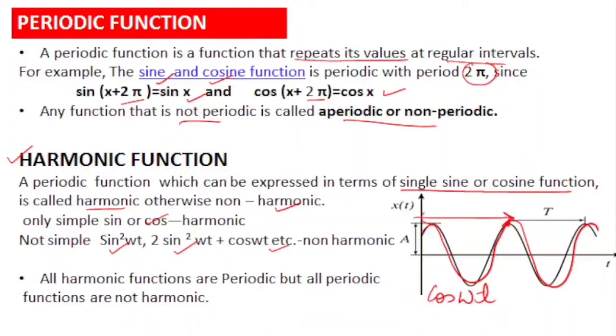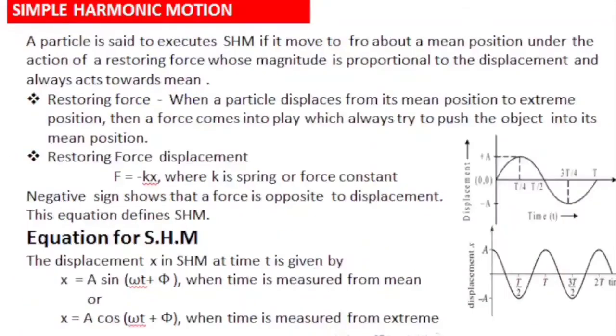But if you draw a graph like this one, it does not repeat its motion after a regular interval of time. So this is not harmonic. These are non-harmonic functions. If the graph is like this one, then this one, then this one, so these are non-harmonic functions.